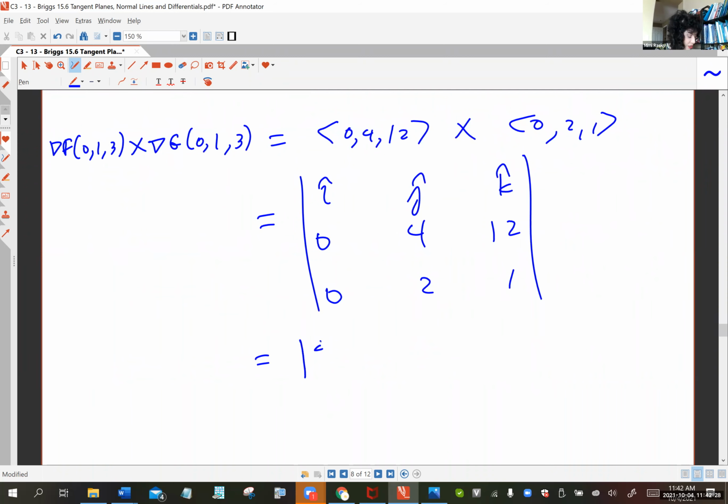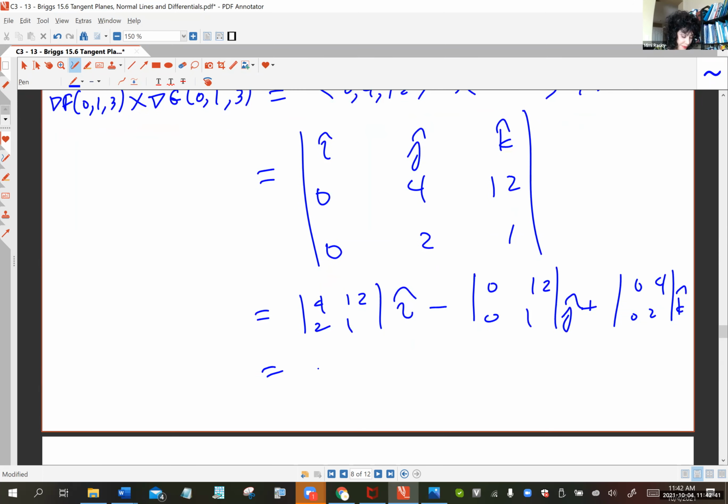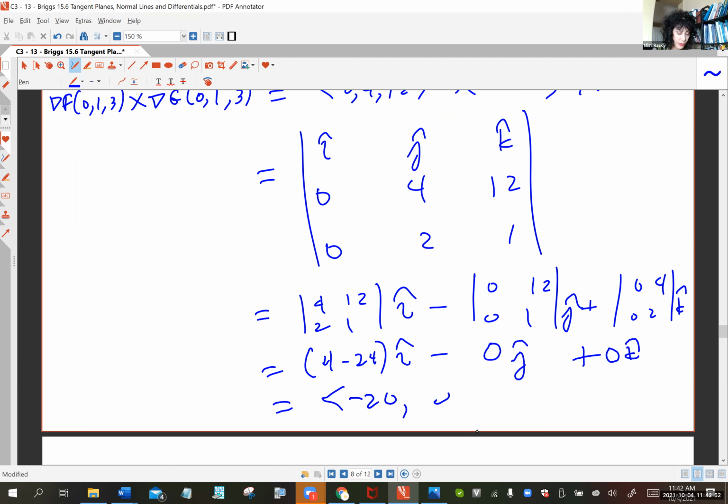Then these 2 by 2 determinants multiplied with i hat, minus the 2 by 2 determinant times j hat, plus the 2 by 2 determinant times k hat. And it looks like I get the vector (-20, 0, 0).